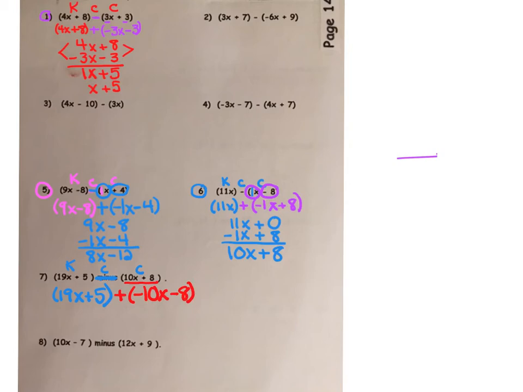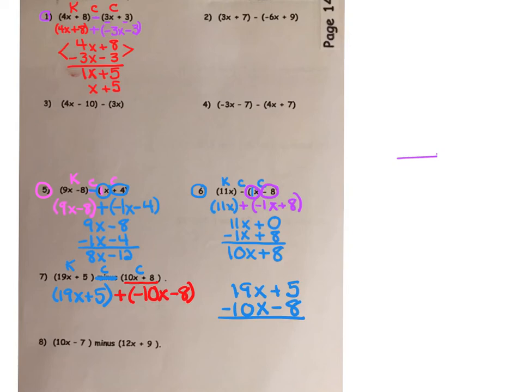Now that we've written it as an addition problem, we can get ready to stack. Off to the side in the work area, stack 19x plus 5, and underneath, a loss of 10x minus 8. In a moment, you'll complete this problem as well as all the other problems on the page that remain.